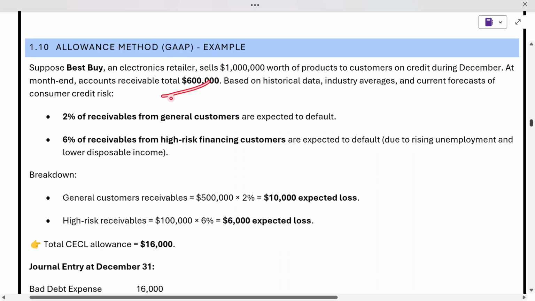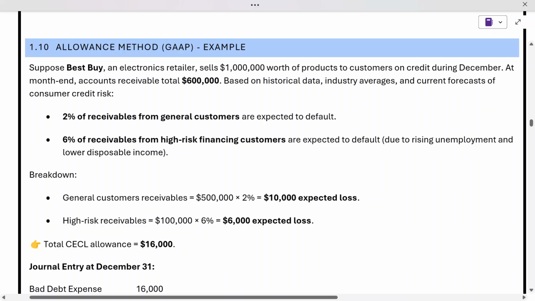On this pending balance from the debtors, 2% is treated as a general default. And then they are saying 6% of the receivables from high risk financing customers are expected to default due to rising unemployment and lower disposable income.